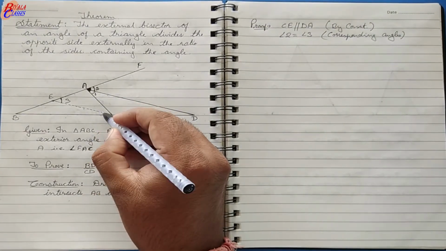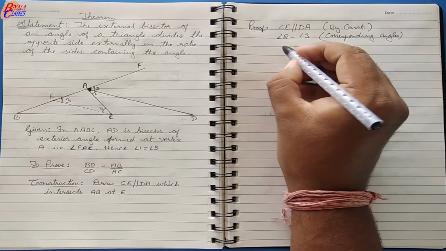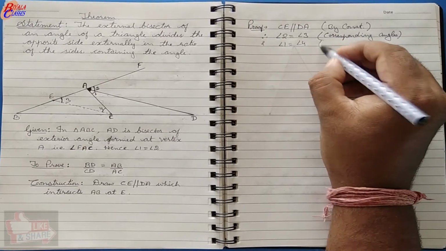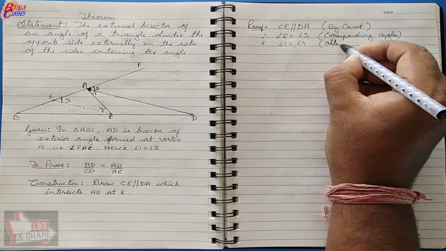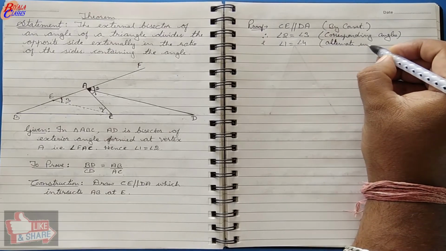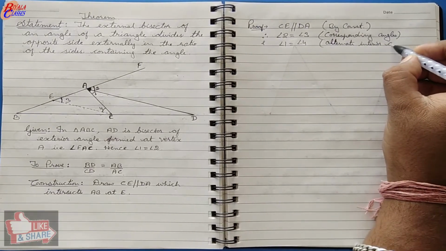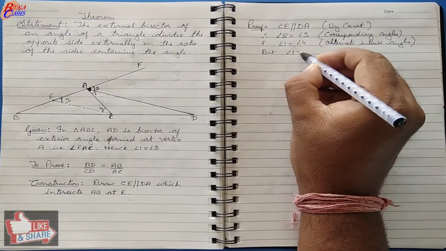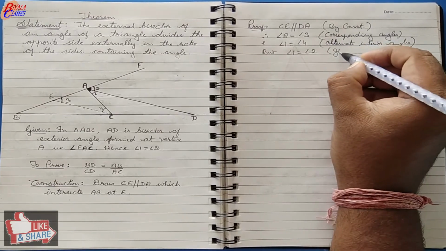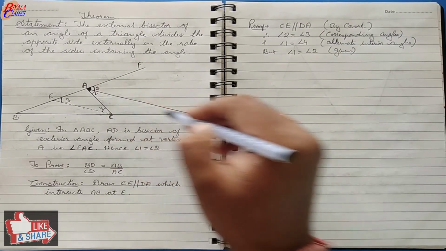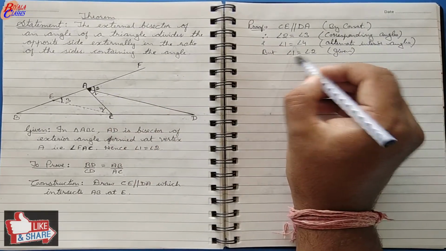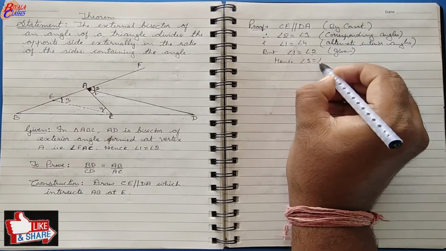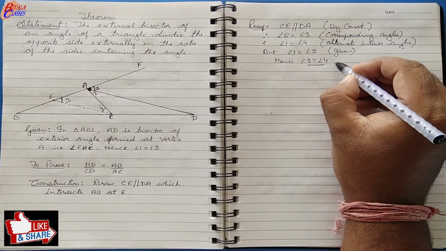And angle 1 is equal to angle 4, these are the alternate interior angles. But angle 1 is equal to angle 2. This is given to us because AD is the bisector, so angles 1 and 2 are equal. Now if angles 1 and 2 are equal, then angle 3 is equal to angle 4.